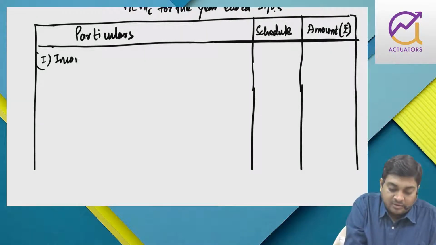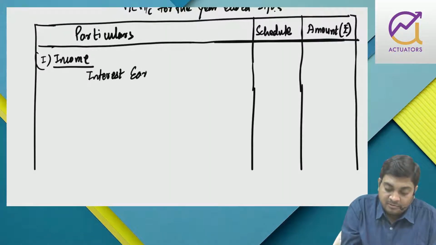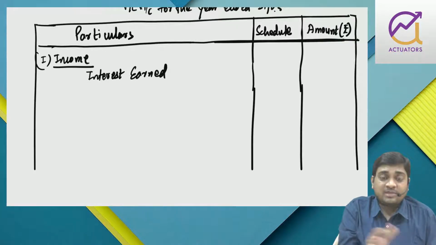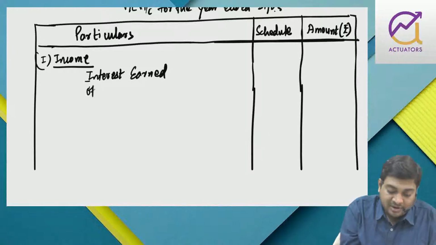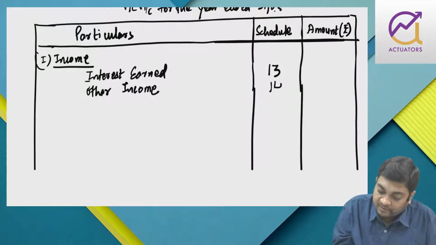First we have income. All these sums have come in past examinations, so that is why we are doing each and every type of problem. This 13, 14.